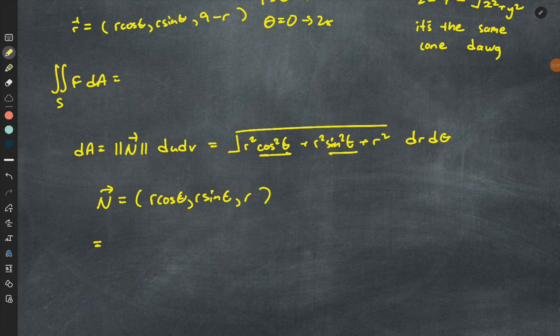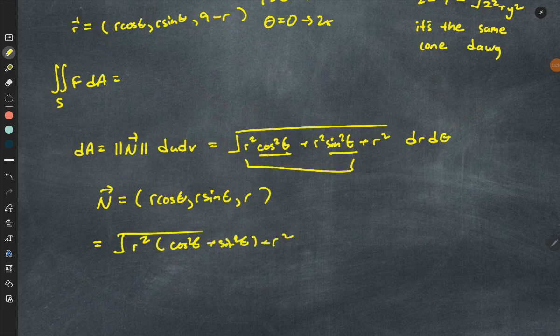So this simplifies to r squared times cos squared theta plus sine squared theta, plus r squared. And this just works out to be square root of 2 multiplied by r dr d theta.